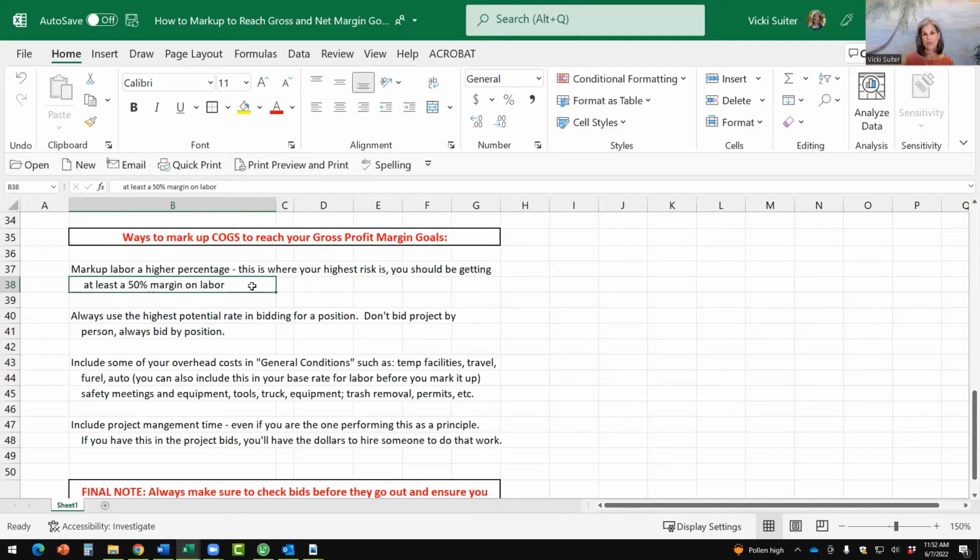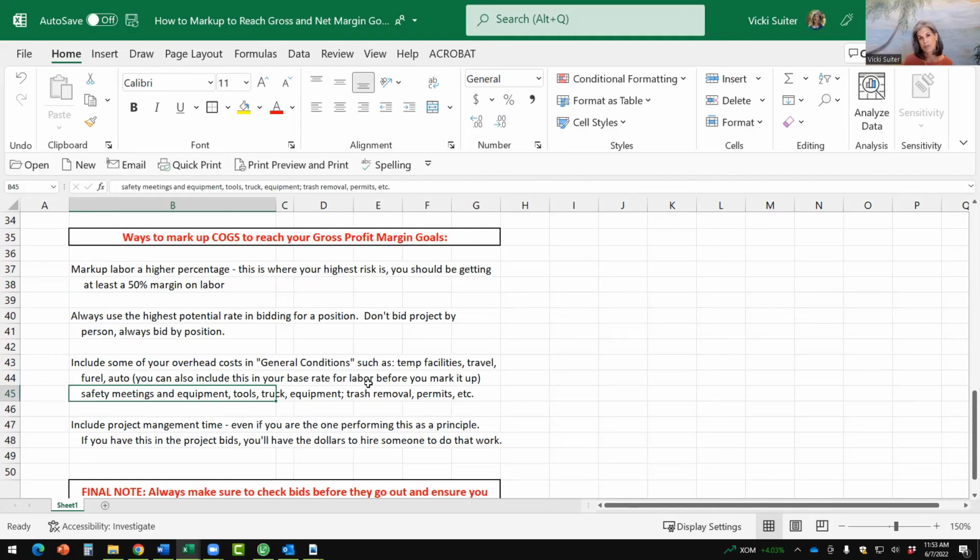You want to ask yourself, how can I separate that information out so that on my estimating side, my estimated cost, my budget side of it, I can delineate those costs separately so that I know what my total markup is and my total gross profit margin is? That comes down to how you have your bidding system set up. I've seen people do this in various ways. I don't have a steadfast system for you, but it is a good question to ask because you want to know what that number is before it goes out.